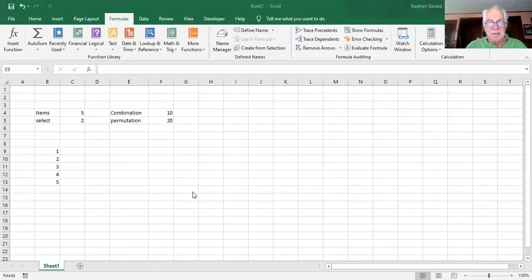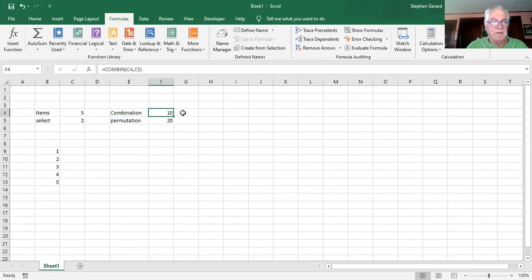However, the good news is, Excel has a formula here. The formula is COMBIN, C4, 5 things taken 2 at a time.